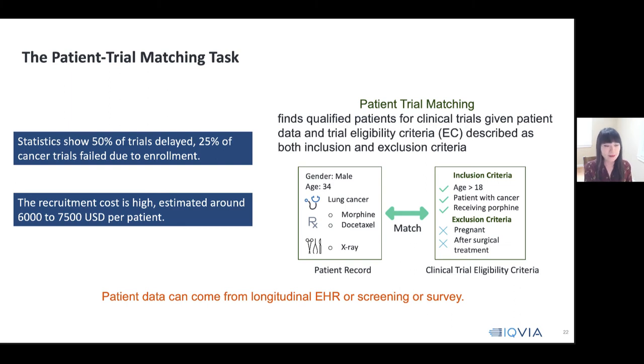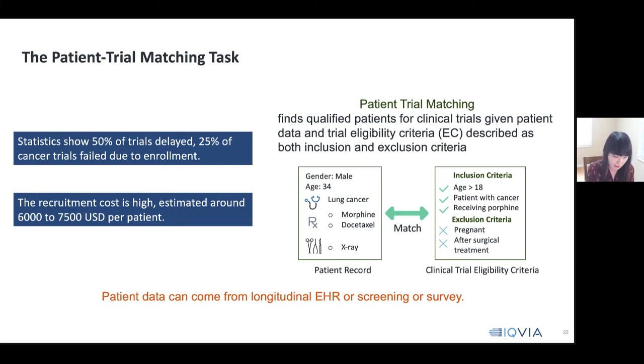Okay, so our COMPOSE model is about matching patients to trials. And this is aimed at solving the patient enrollment challenge. As we all know, patient recruitment is a long-standing pain.